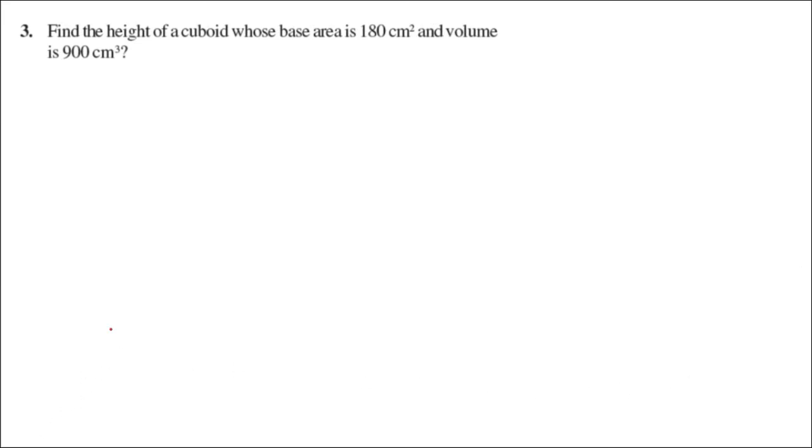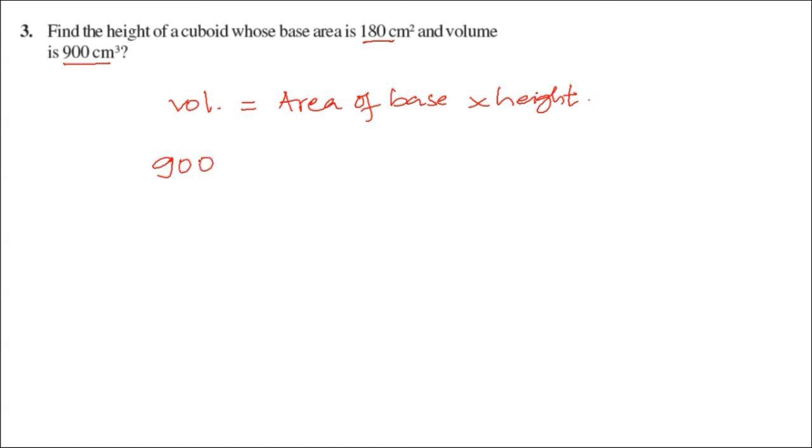Question number 3. Find the height of a cuboid whose base area is 180 centimeter square and volume is 900 centimeter cube. We all must know that volume is nothing but area of base multiplied by height. Here the volume is given as 900 centimeter cube. This will be equal to the area of the base, 180 centimeter square, multiplied with the height h.